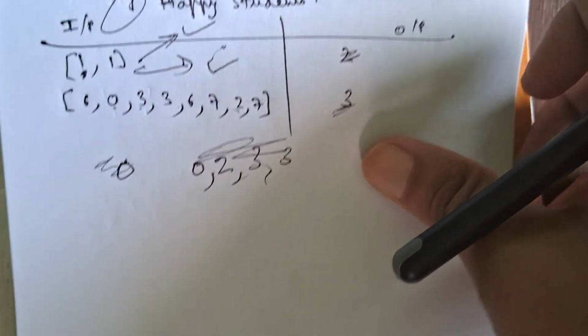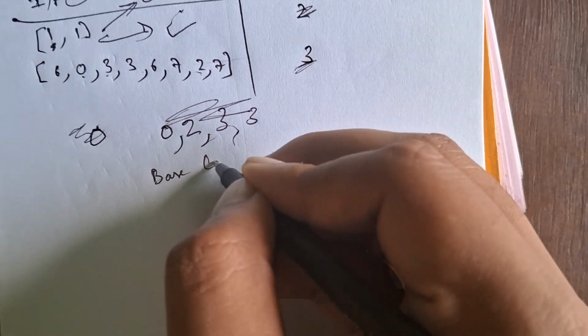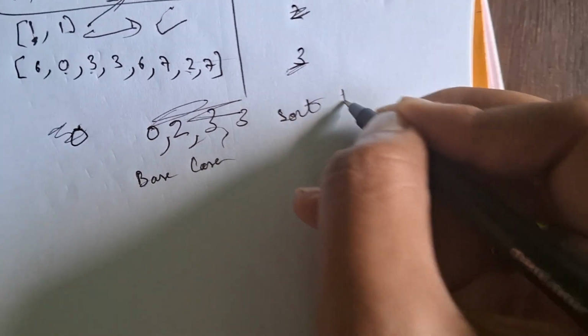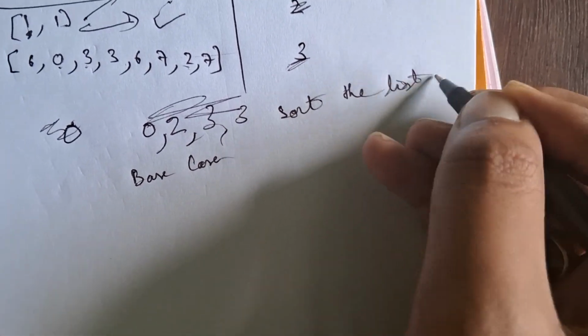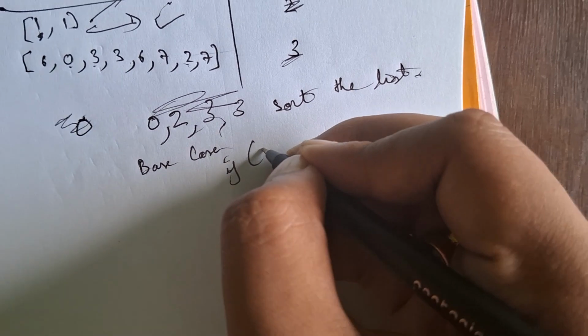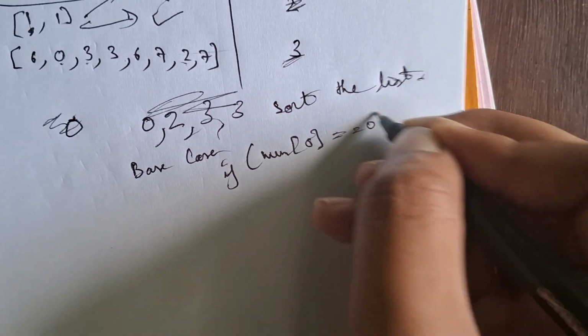Now let me discuss the solution. First you need a base case. Before doing anything, you have to sort the list. Once you're done with sorting, the base case is whether nums of 0 is equal to 0 or not.